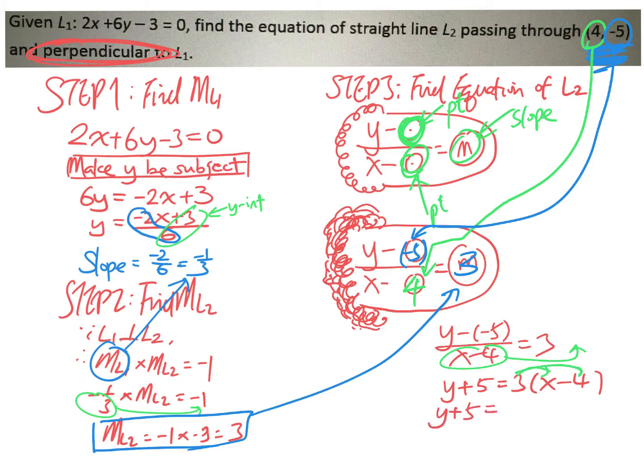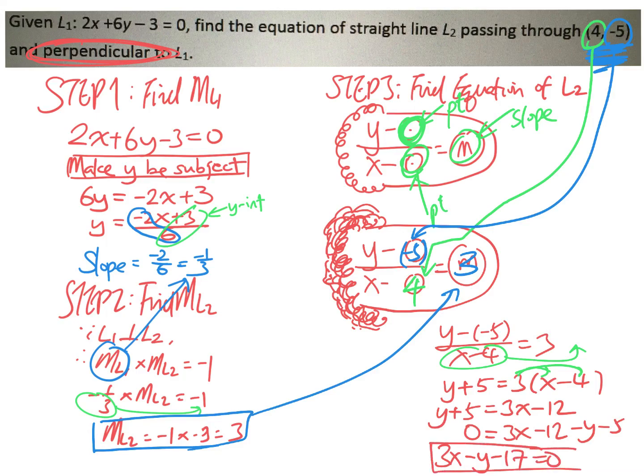And lastly, because the 3x is positive, the coefficient is positive on the right, so we move everything to the right. We got 3x minus 12 minus y minus 5. So the final answer will be 3x minus y minus 17 equals 0. And this is the equation that we want.